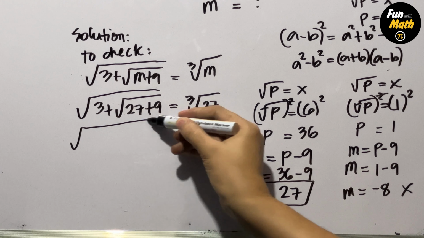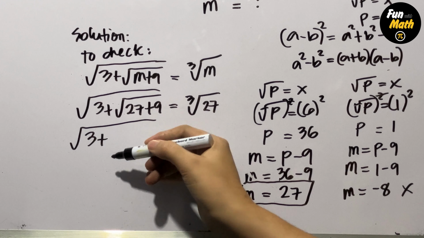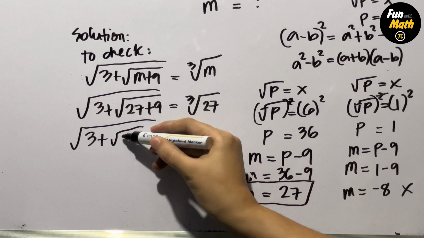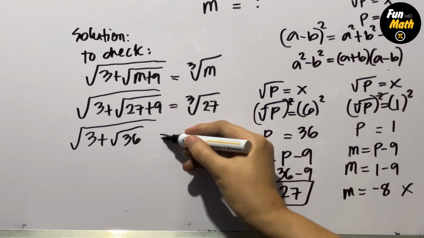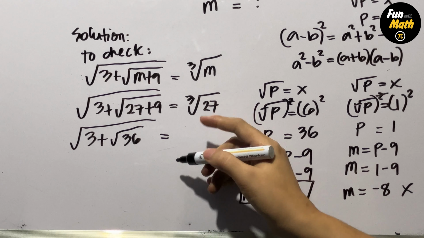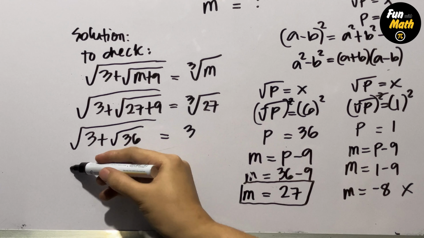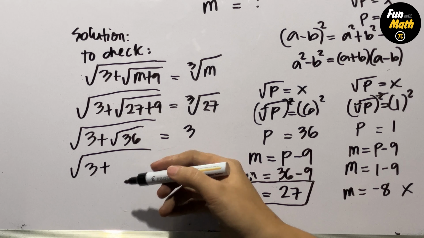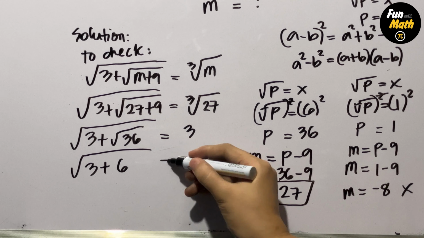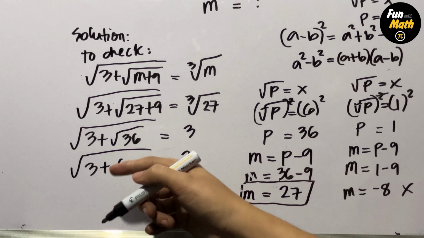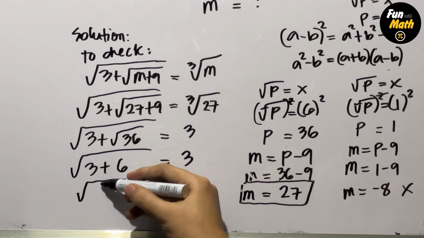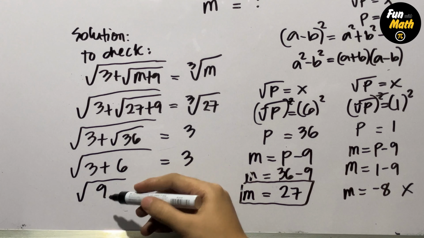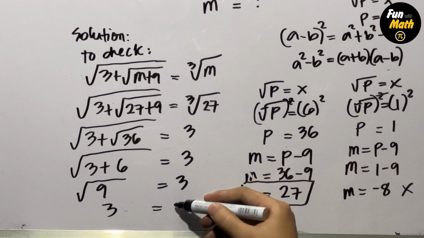And then square root of 3 plus square root of 27 plus 9, that is square root of 36, equals cube root of 27, that is 3. And then square root of 3 plus square root of 36, that is 6, equals 3. Now, this is square root of 3 plus 6, that is 9, equals 3. And the square root of 9 is 3, equals 3.